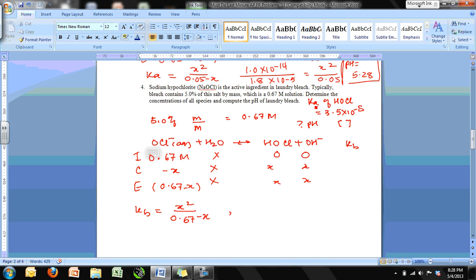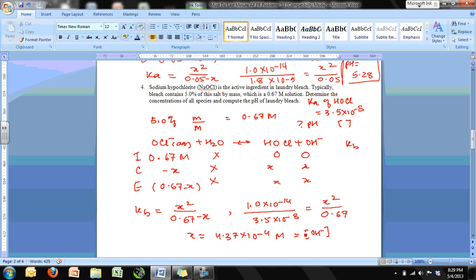And because we are given Ka for the conjugate acid and base, Ka times Kb is Kw, we'll write Kb as 1 times 10 power negative 14 over Ka, which is 3.5 times 10 power negative 8, is equal to x squared over 0.67. We can ignore the x. So x's value is 4.37 times 10 power negative 4 molarity, and this x is equal to molarity of OH minus.